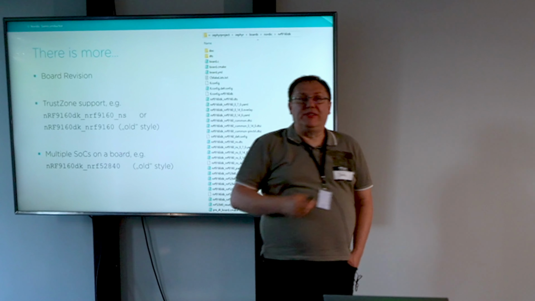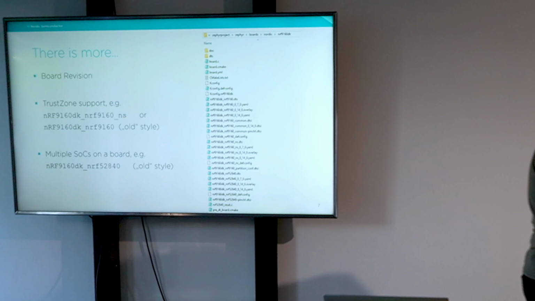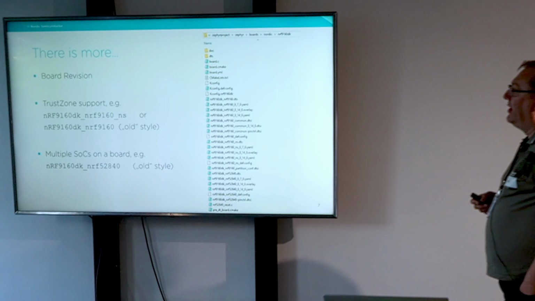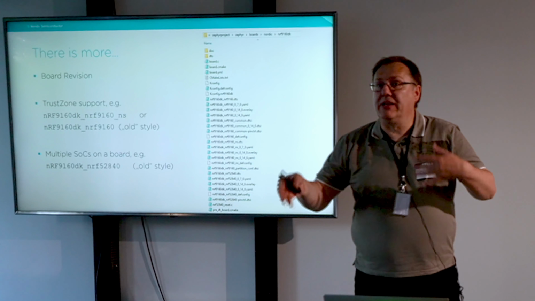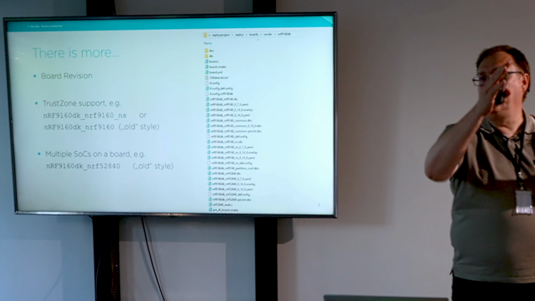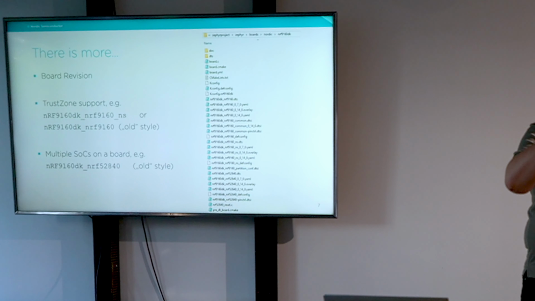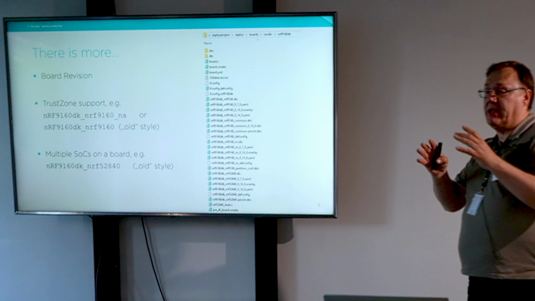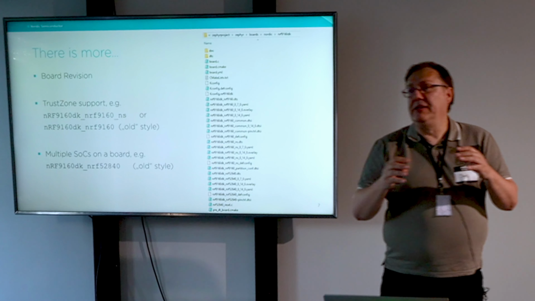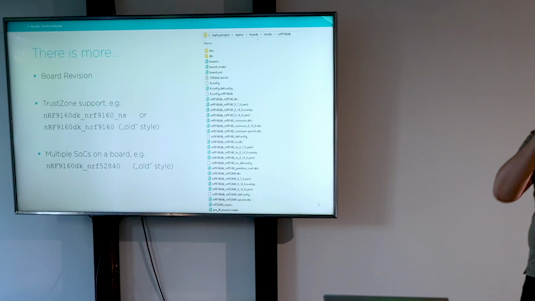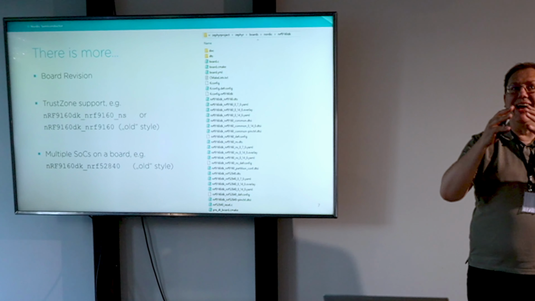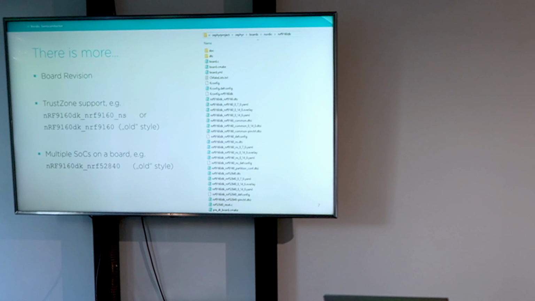Board revision, TrustZone support. TrustZone support is also cool. TrustZone basically means you have one CPU core which supports TrustZone, and TrustZone is used to allow the CPU, in a secure and a non-secure domain, access to certain peripherals or to certain address ranges.